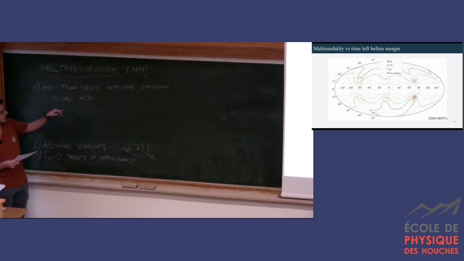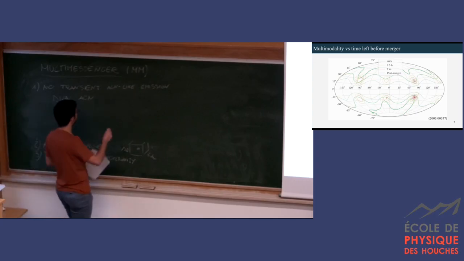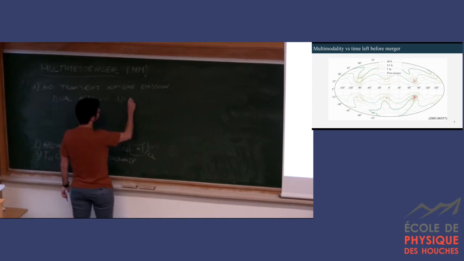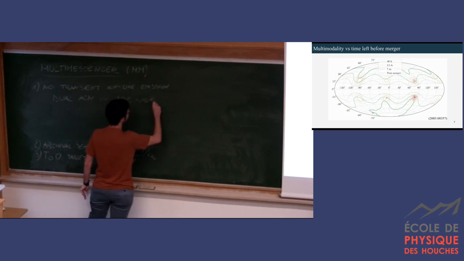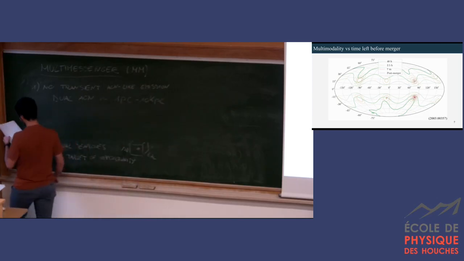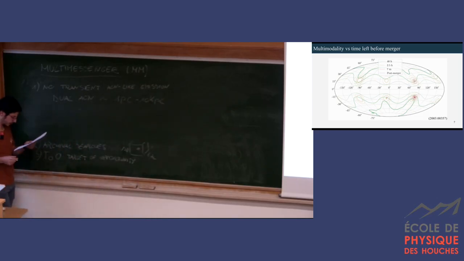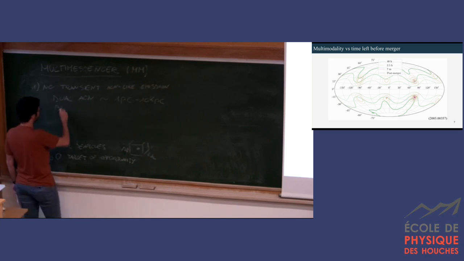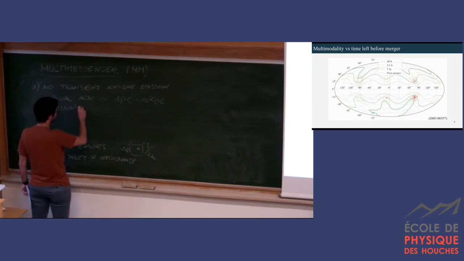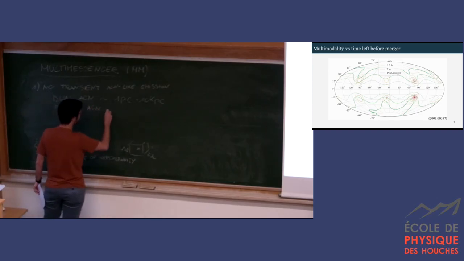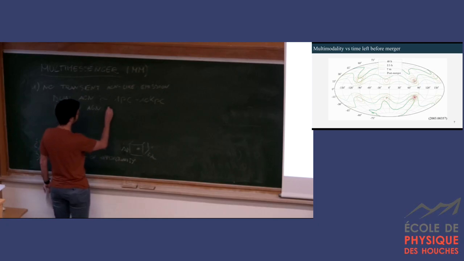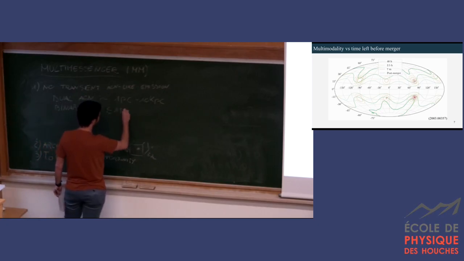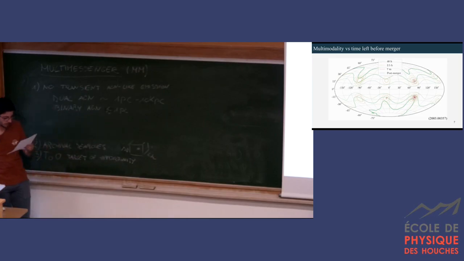In this case you can, for example, observe the two radio jets, but the typical separation is between 1 parsec and 10 kiloparsec, so they are way too far for LISA. The second is what in the literature you can find as binary AGN, and here it's more rare sources because they have a typical separation smaller than 1 parsec.